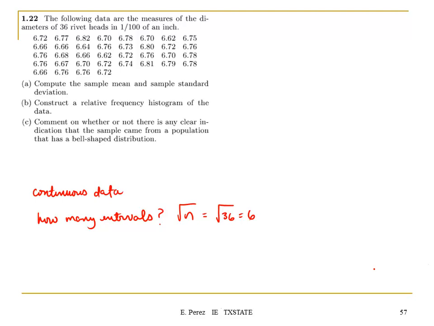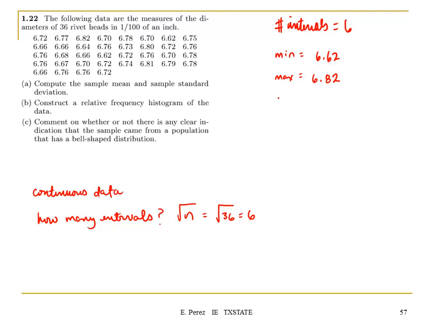So based on this, basically the next thing to do is just to determine the, so we know we're going to use 6 intervals. The only thing that we need to specify is the minimum value and the maximum value. So the minimum in this case is 6.62 and the maximum is 6.82.